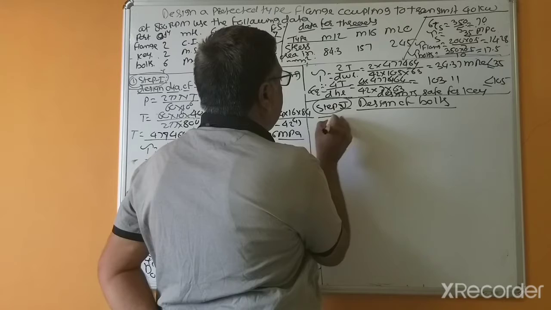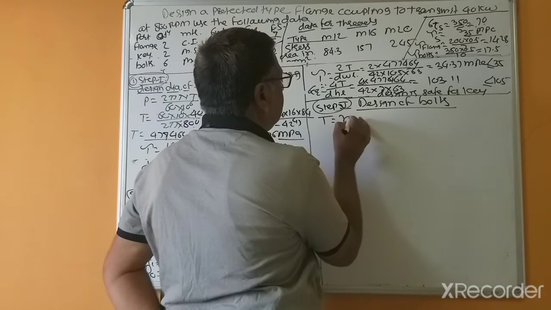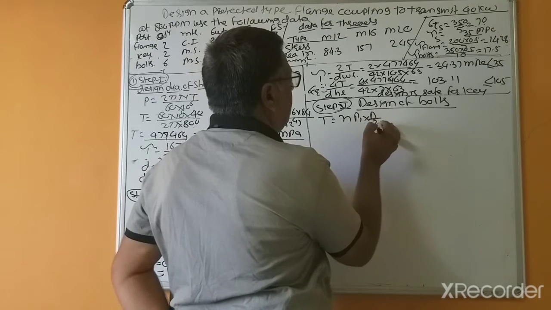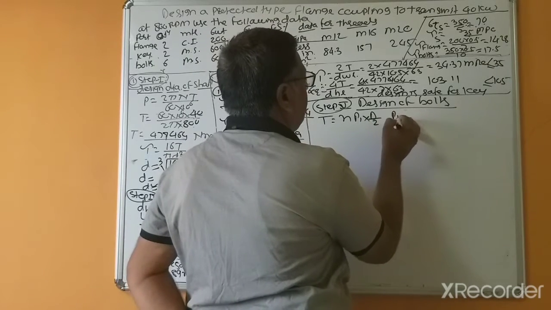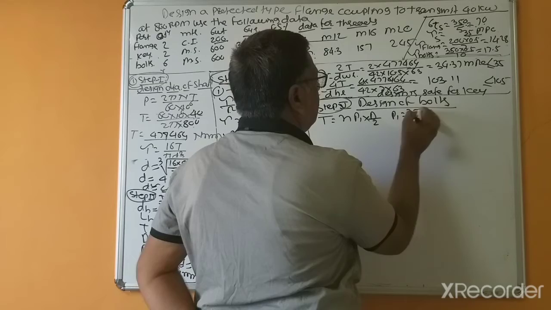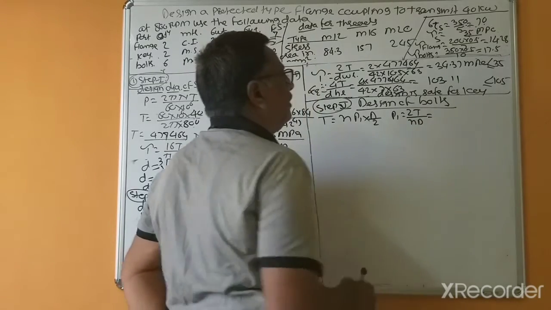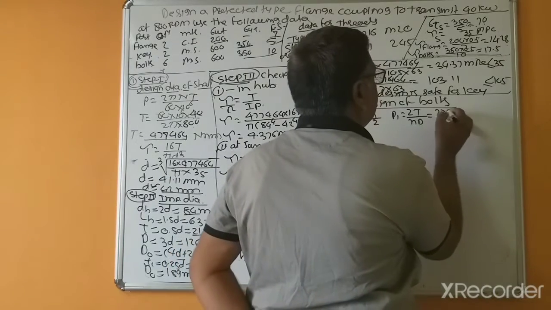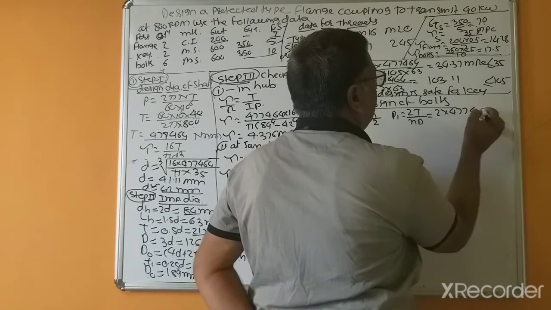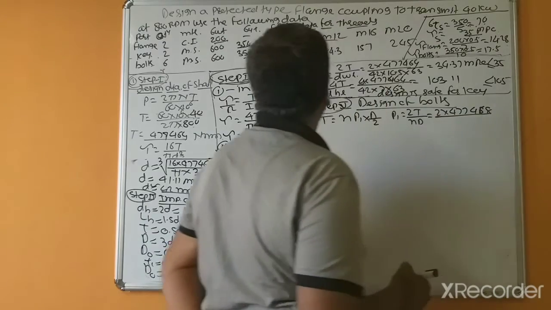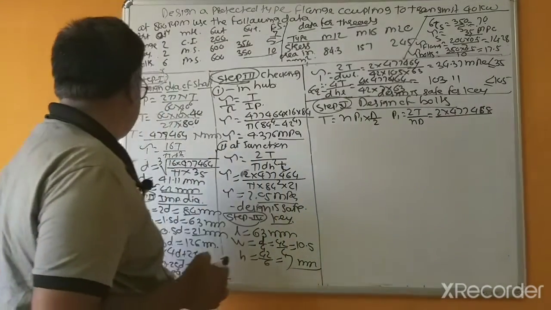by using the formula T equal to P1 times D divided by 2. That's why P1 equal to 2T divided by N D, and this is 468 divided by N, where N is the number of bolts.